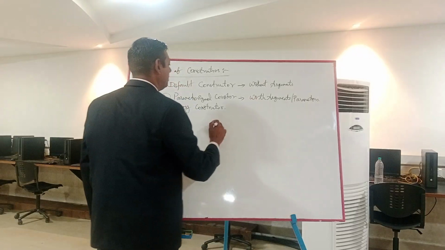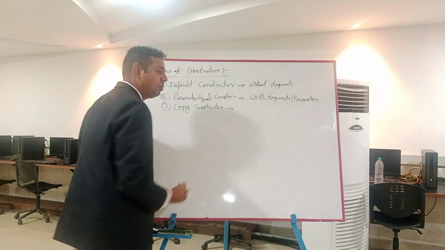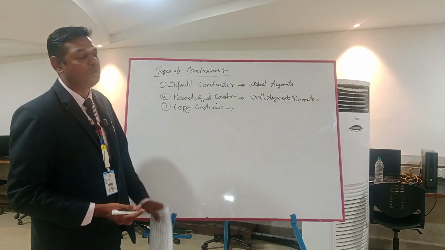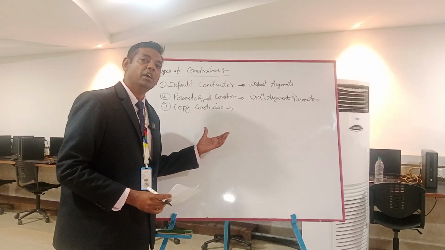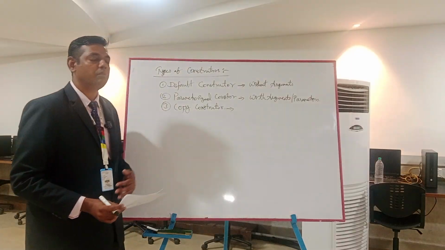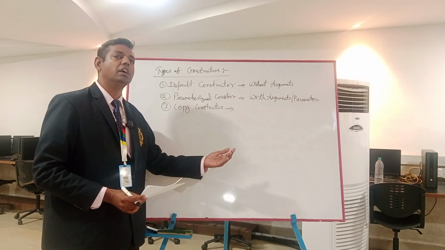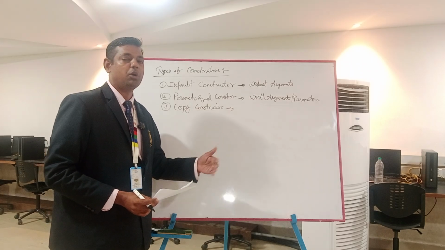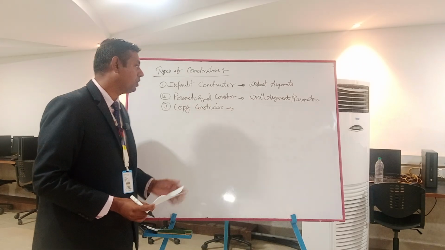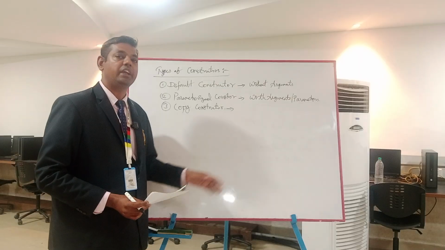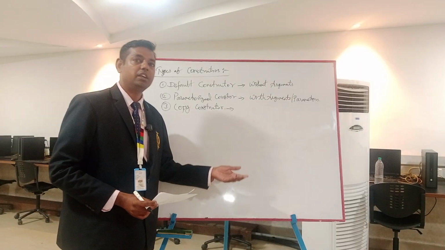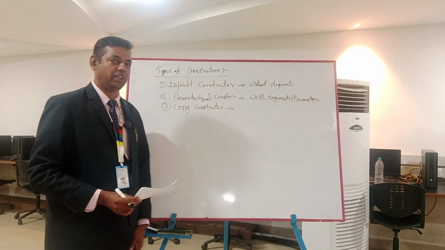A copy constructor is one using which the value of an object can be copied to another object. The copy constructor is the process of creating a new object with the help of an existing object.